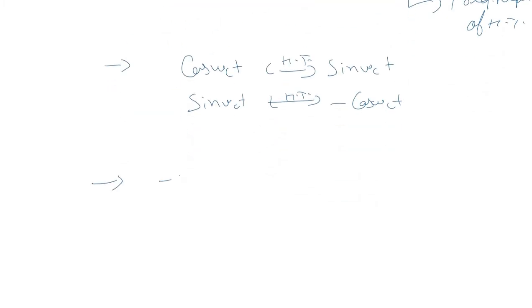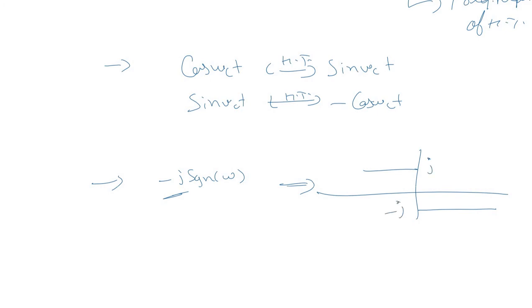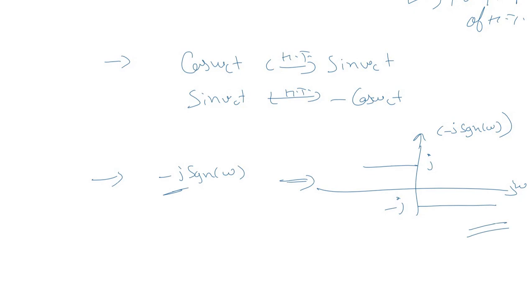The plot of minus j signum omega, the frequency response of the Hilbert transform, is something like this. I hope all of you are familiar with the signum function; we are just multiplying it with minus j. This is the plot of minus j signum omega.